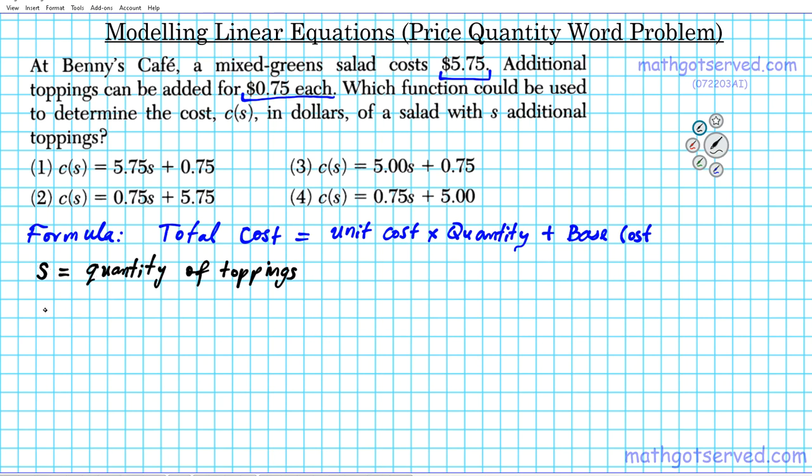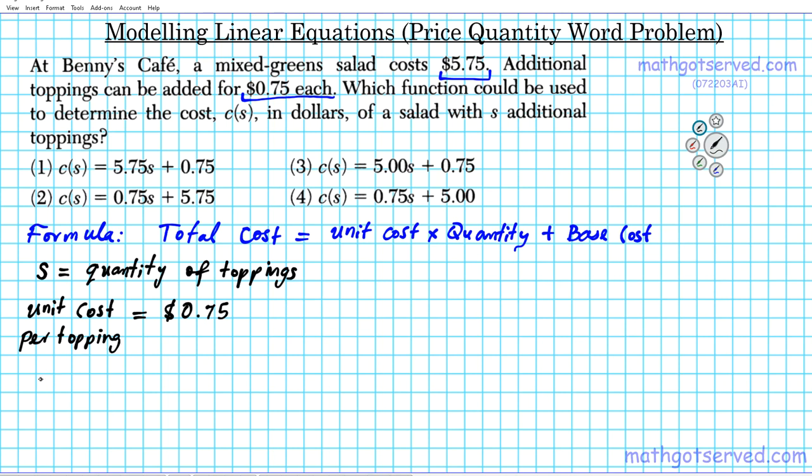All right, and then the unit cost, we're given that. The unit cost per topping is 75 cents. So using these two together, you can easily determine what the variable cost component is.